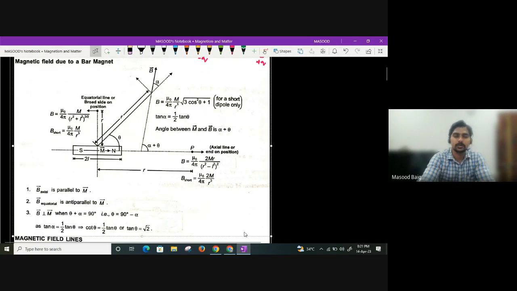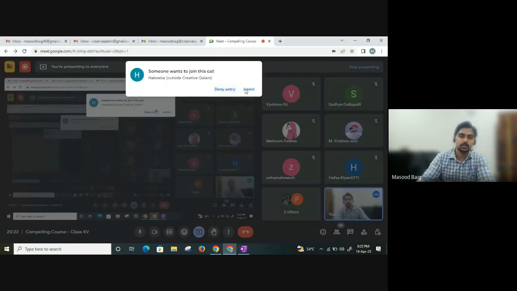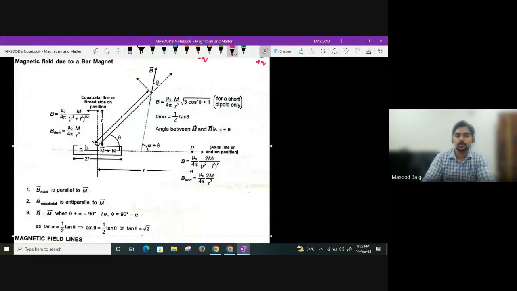So let us try to find out the magnetic field due to a bar magnet. Now we are going to have three axes again, right? The first axis is the one passing through the poles and the center. This axis will be called the axis of the bar magnet or axial line. There will be one more axis which passes through the center of the bar magnet and is perpendicular to the axis. That will be called your equatorial line.